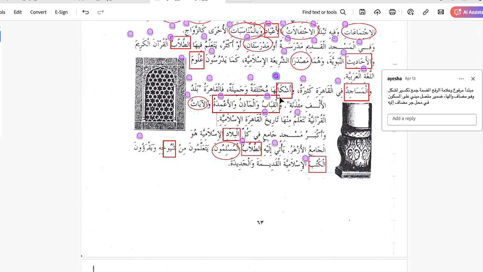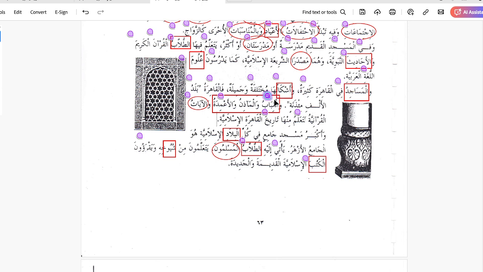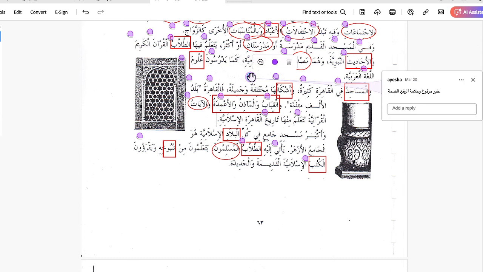So this is the mudaf ilayh combination also. The ha is a damir muttasil, mabni on sukun, in the position of jarr, mudaf ilayh. All pronouns are mabni. So that's why we say fi mahalli jarrin mudaf ilayh, because the mudaf ilayh has to be majrur. And mukhtalifatun is a khabar, marfu', and the sign of rafa' is the damma.